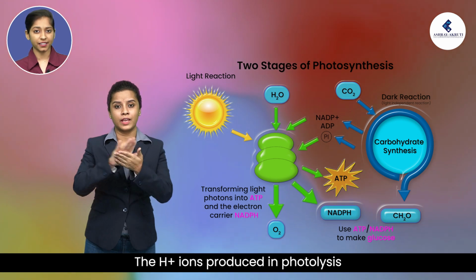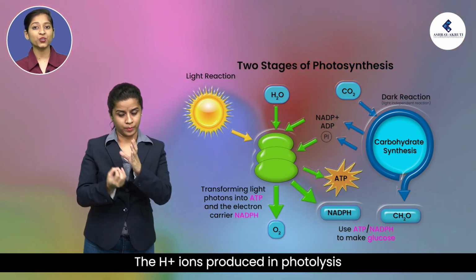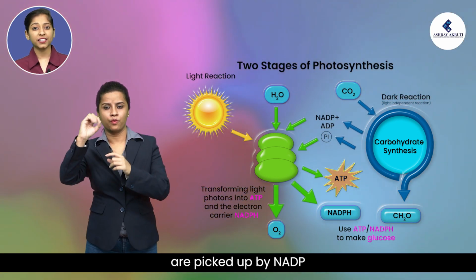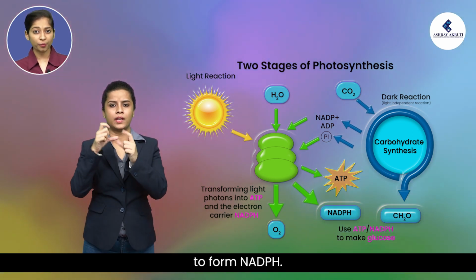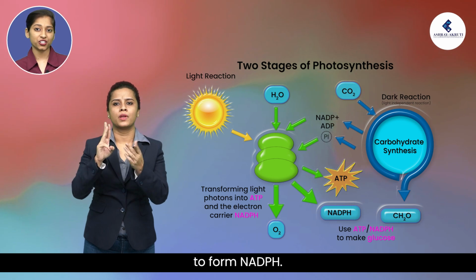The H+ ions produced in photolysis are picked up by NADP to form NADPH.